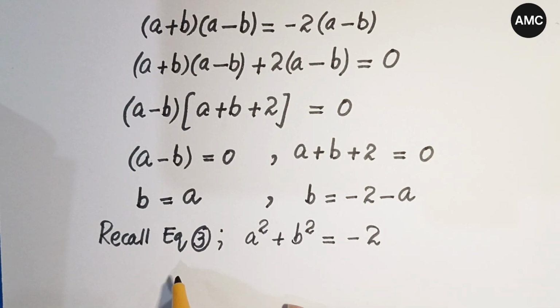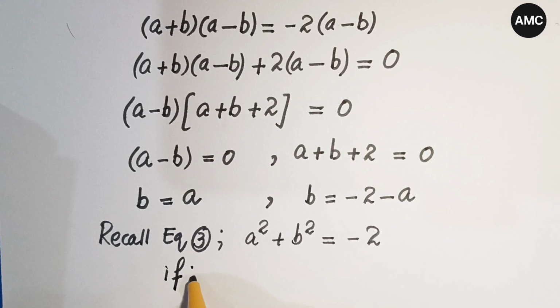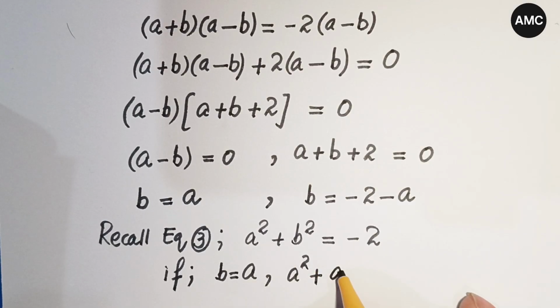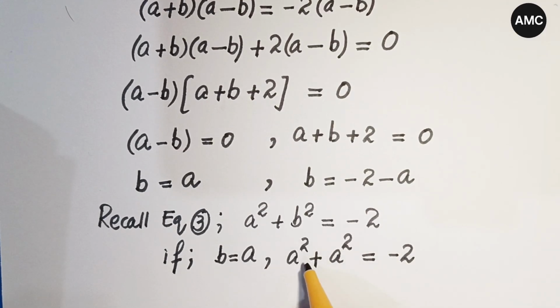Now if we put the first value of b, which is a, so if b is equal to a, then this will be a squared plus a squared is equal to minus 2. Now a squared plus a squared is equal to 2a squared, which is equal to minus 2.